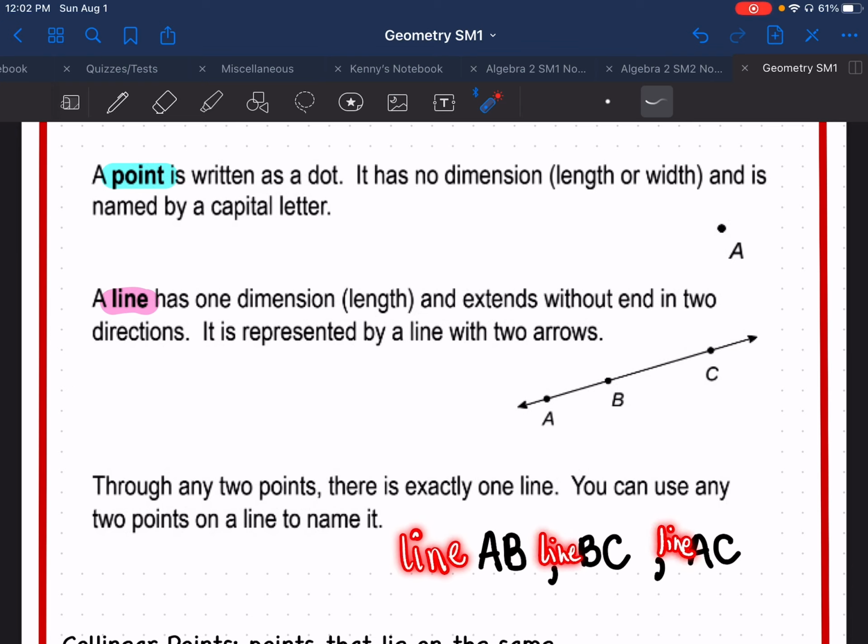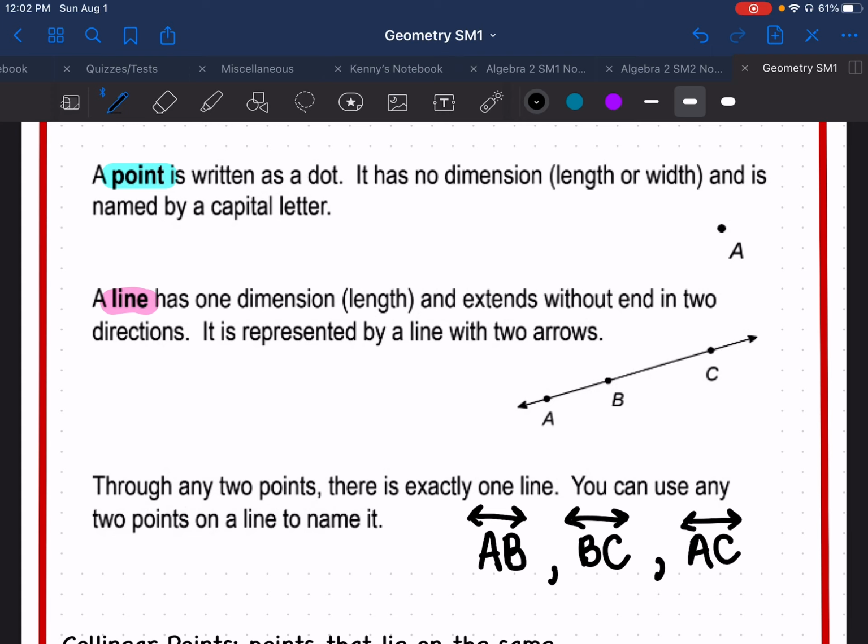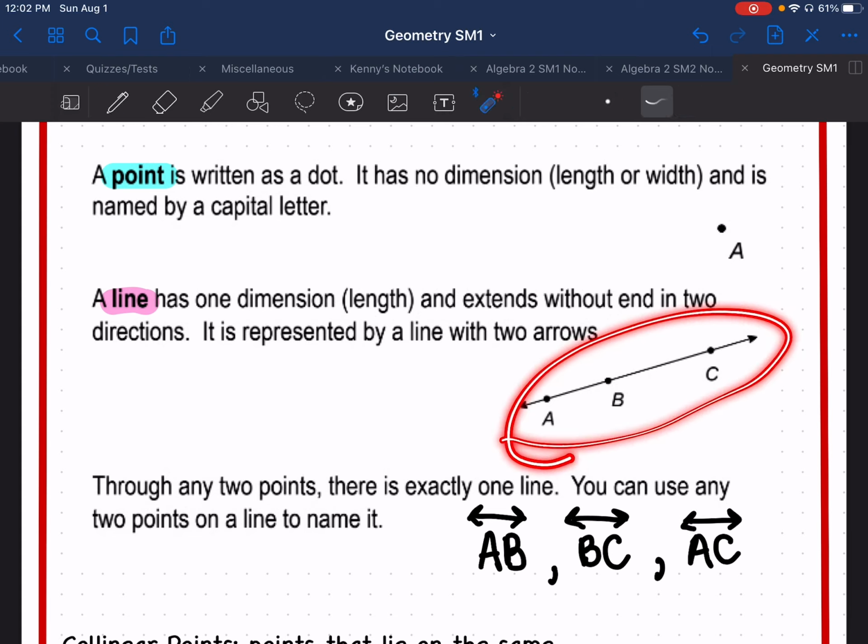This is not my choice. I don't really necessarily want to. I want something that's a little bit quicker. And so there's a symbol for the line, and it's simply a straight line with the arrows on both ends. So there's line AB, line BC, line AC, and they're all talking about this line right here.